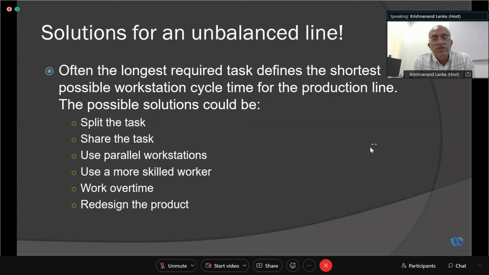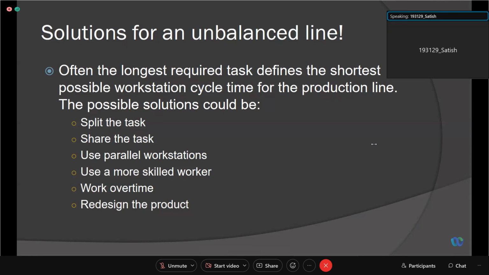The possible solutions could be to split the task. Suppose the task time is more than the workstation cycle time, then naturally you have to split the task, because otherwise the task time will become the bottleneck for the entire assembly line. We can add more workers also.